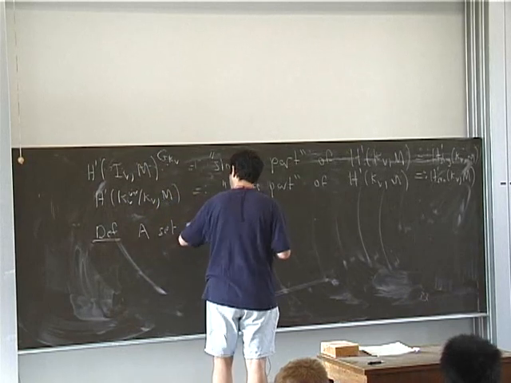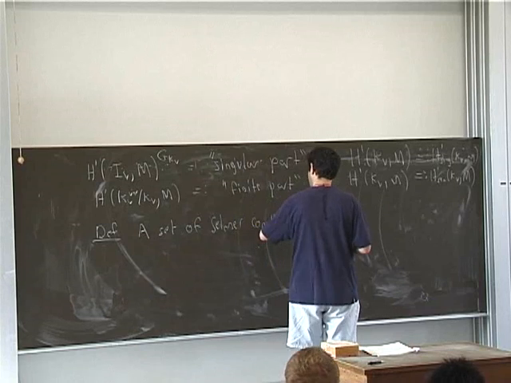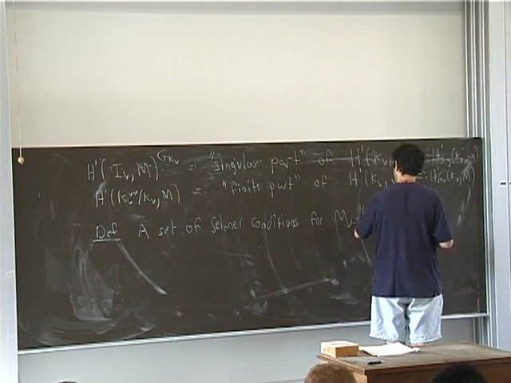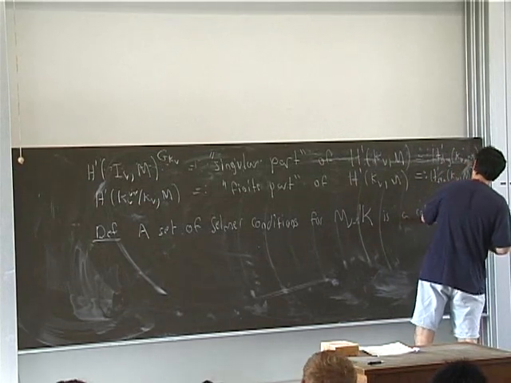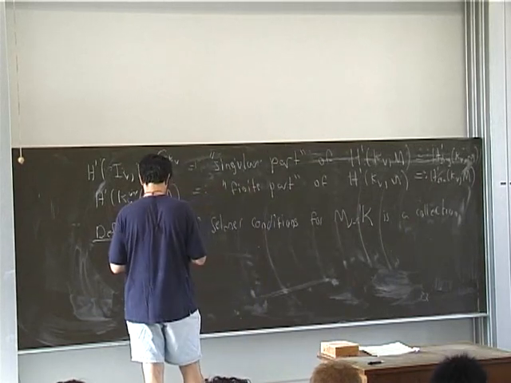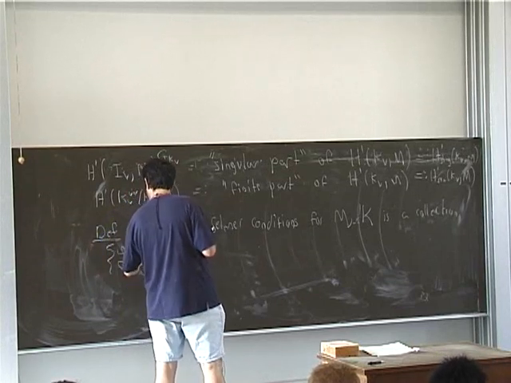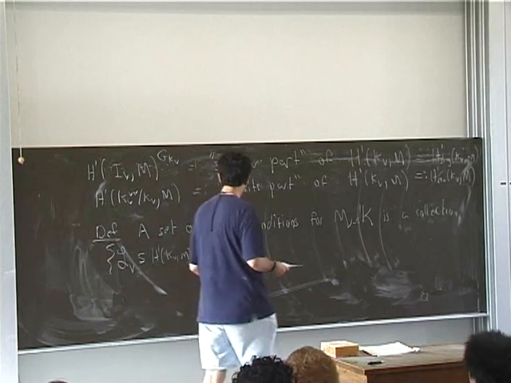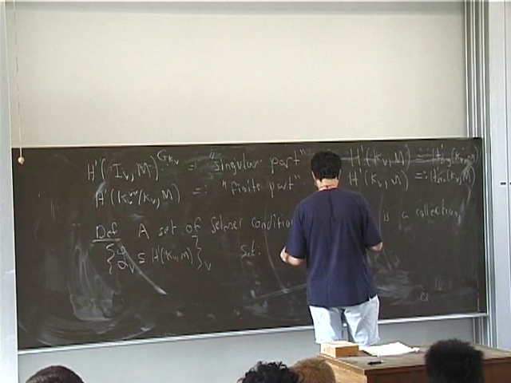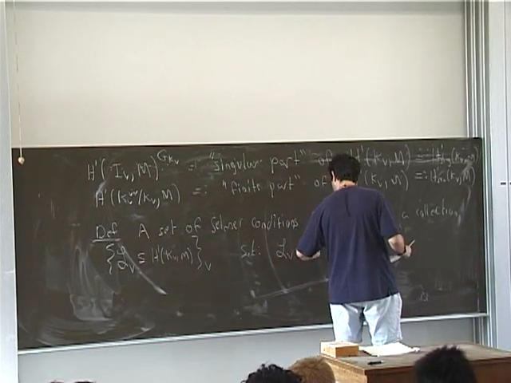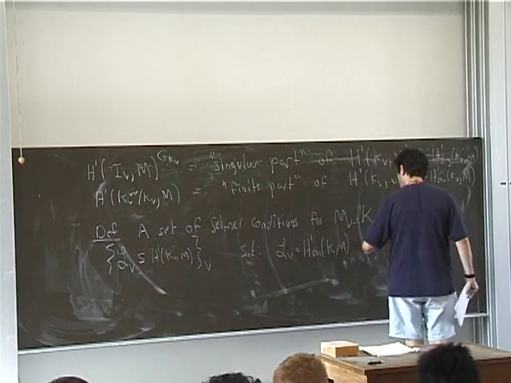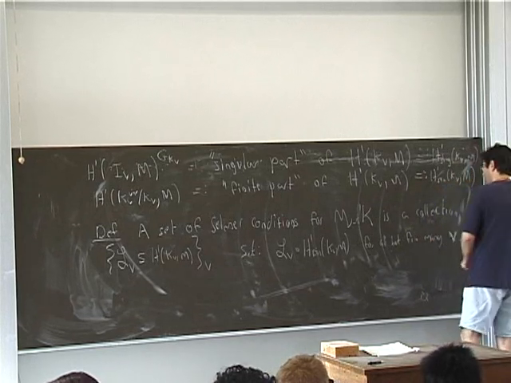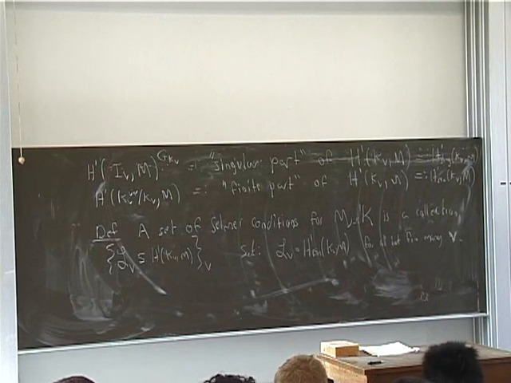A set of Selmer conditions for M and K is a collection of subgroups, which I'll denote by script LV, contained in H1 KV, M, indexed by all the places V, such that this LV is equal to H1 finite KV, M for all but finitely many places V. So that's what I mean by a collection of Selmer conditions for M and K.